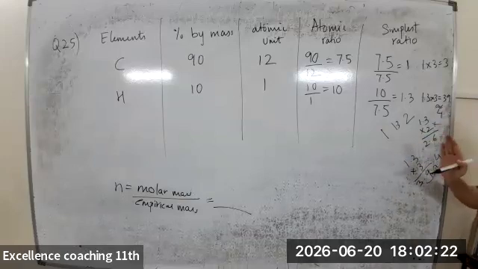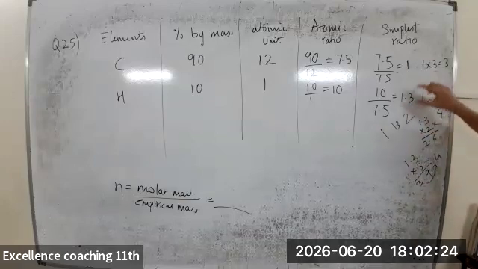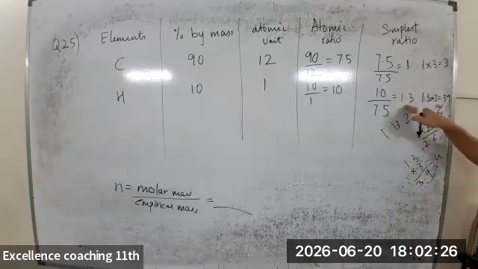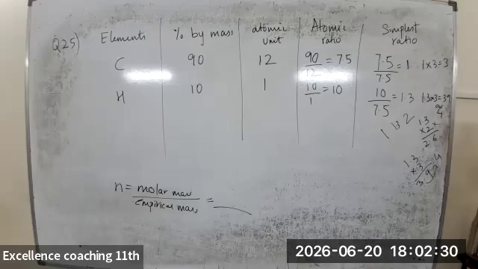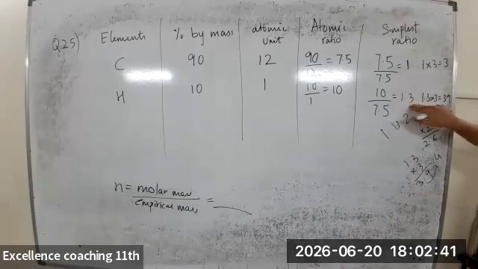So what we do is multiply this number, because it is in the form of point something. 1.3, we have to multiply by a number in order to get a whole number. But if you multiply the bottom, you also have to multiply the top, because we introduce something new. We can't just change the down part and keep the top part as it is.